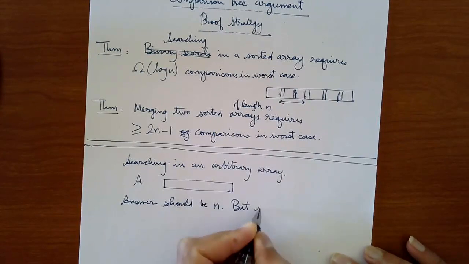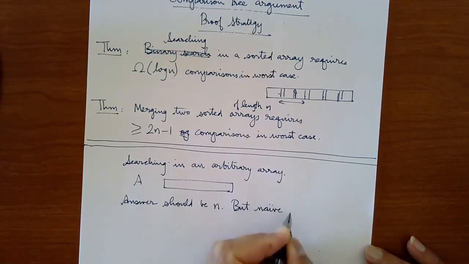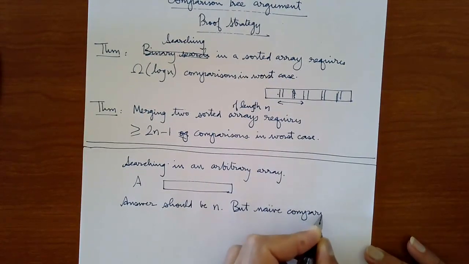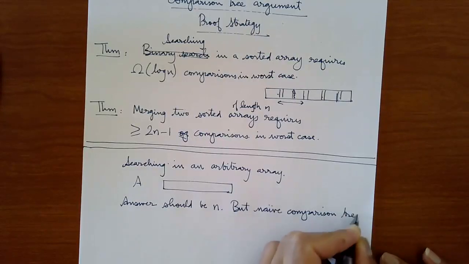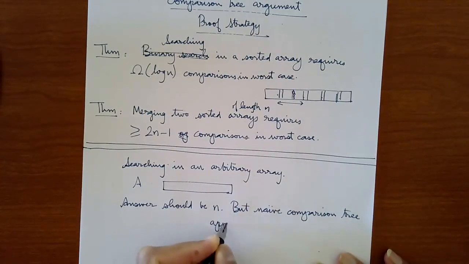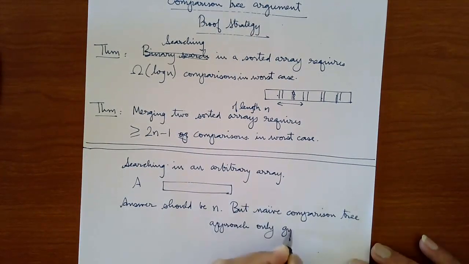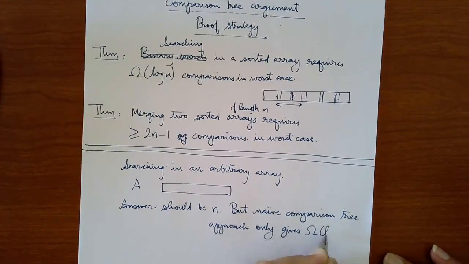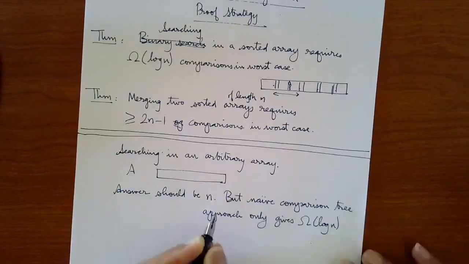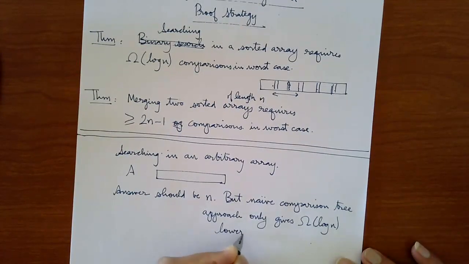But the naive comparison tree approach only gives an omega log n lower bound.